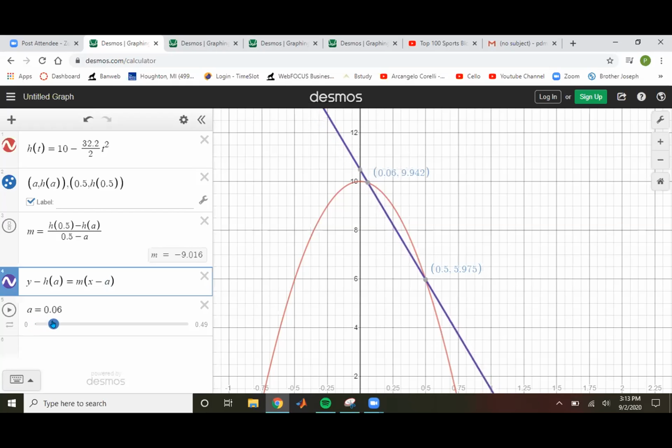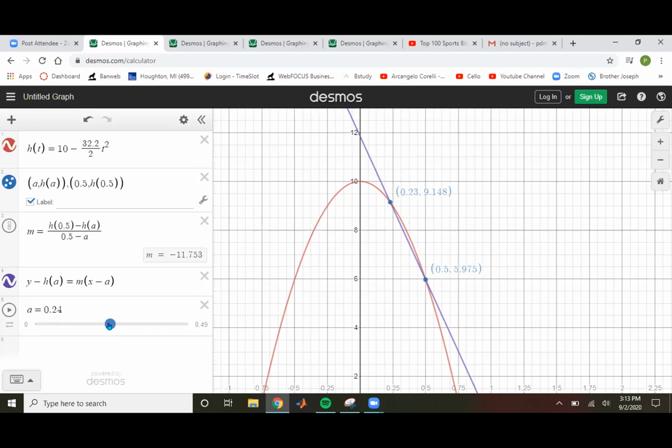And all these slopes of these lines are average velocities. So if we take the slope of this line, it'd be an average velocity. If we get closer and closer, this line is approaching what we call a tangent line. So we can get really, really close.